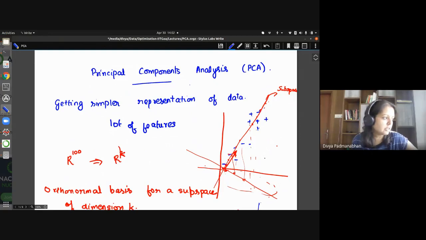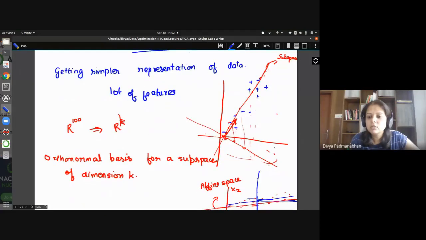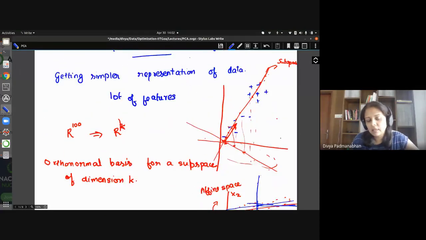One is, of course, in terms of storage, you don't have to store a lot of information. The other thing is, many times a lower dimensional representation conveys more, and there are definitely advantages to it.